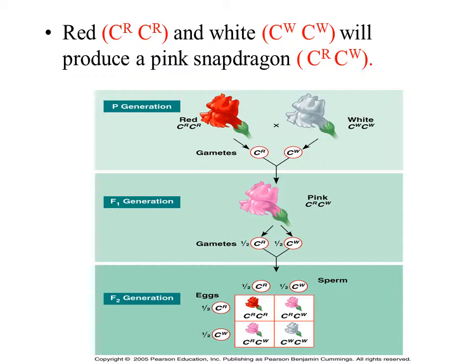So let's look at the cross. A red snapdragon is crossed with a white snapdragon, and all of the offspring will be pink. Subsequently, if you cross two pink snapdragons, in the F2 generation you would get 1 red, 2 pink, and 1 white.